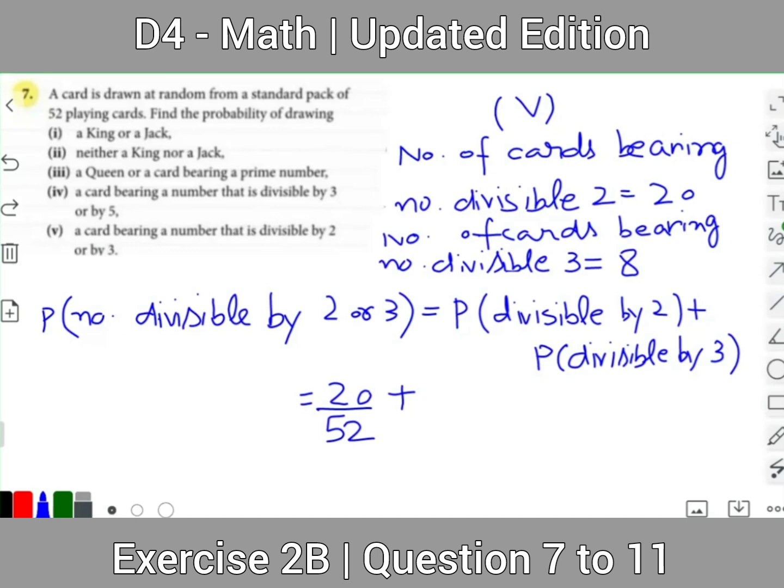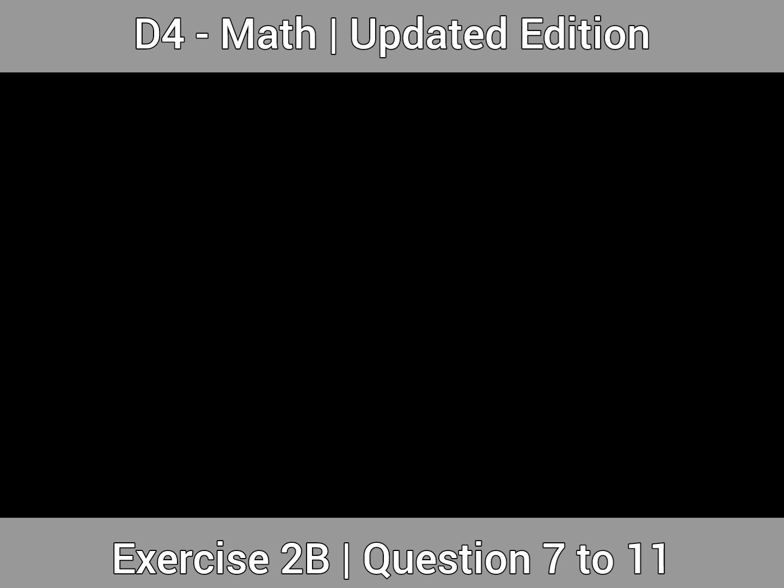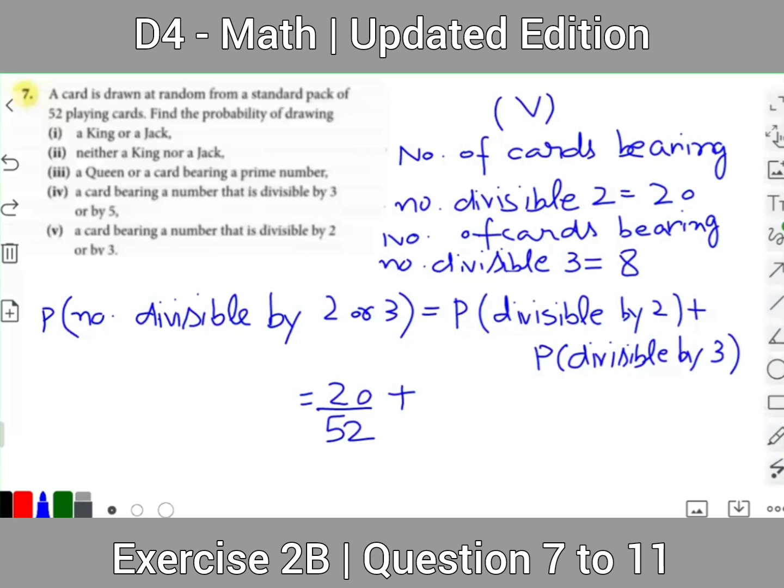Now for the probability that the card bearing a number is divisible by 3, that is equal to 8, and the total number of cards is 52. So here we have 8 over 52. Now we will add up 20 plus 8 over 52.